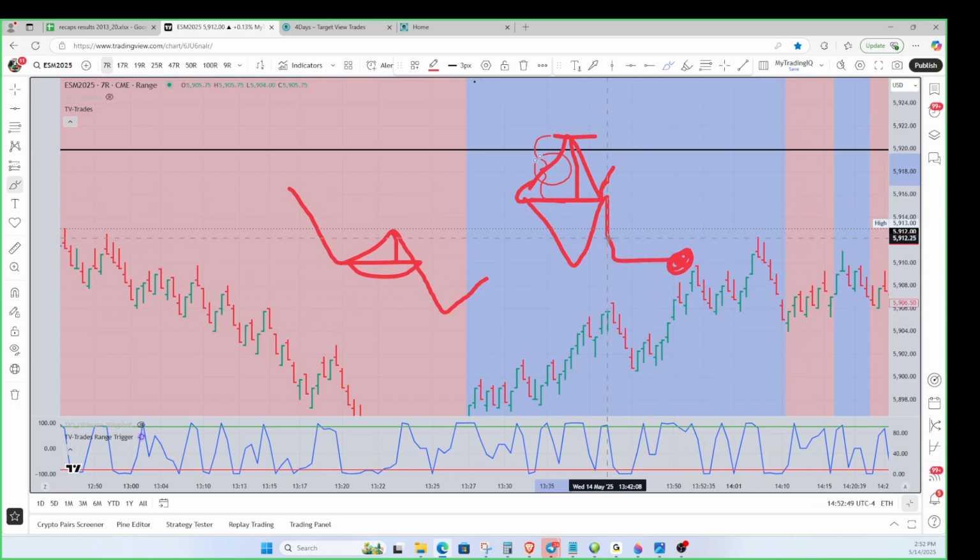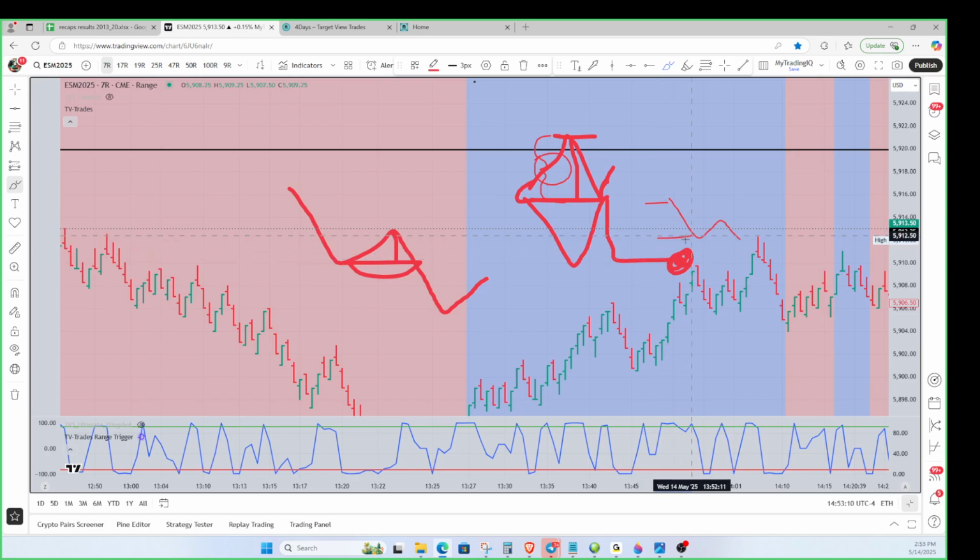And when the pullbacks start to get longer, and that goes back, Wayne, to the trade that you asked me about, the trade that I didn't take. When the pullbacks get bigger, like it goes down like that, and the first pullback is like this, and then it goes down again but not quite as much.